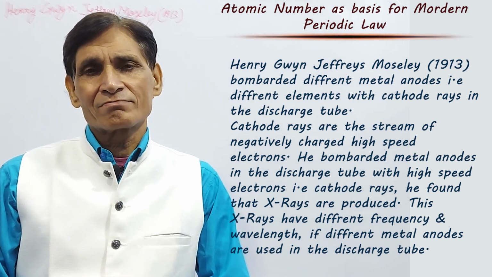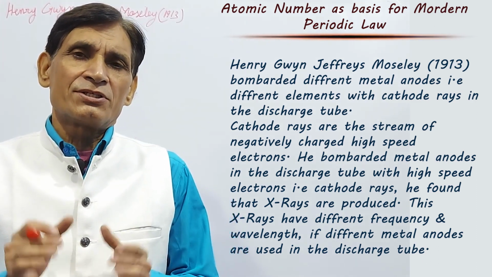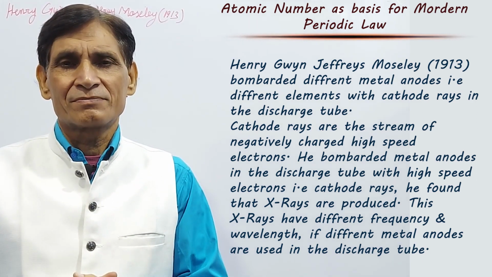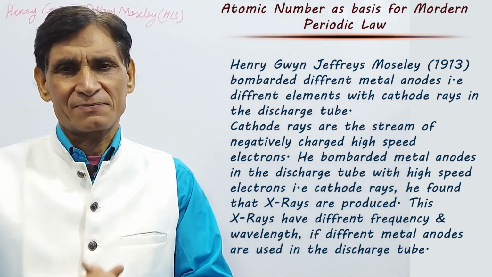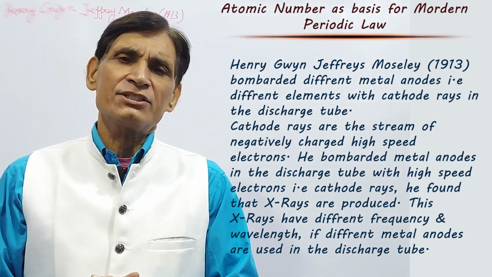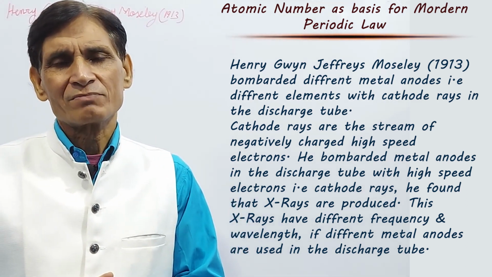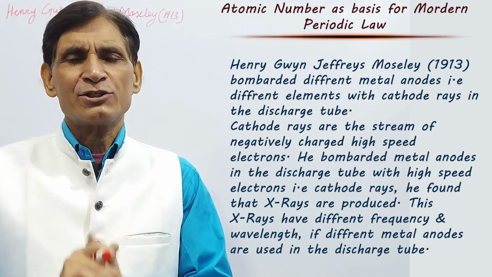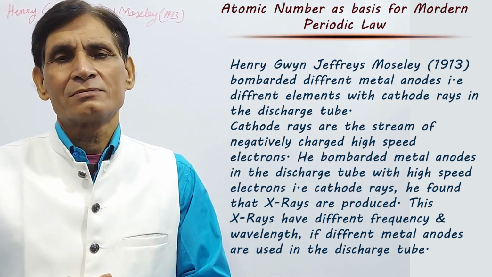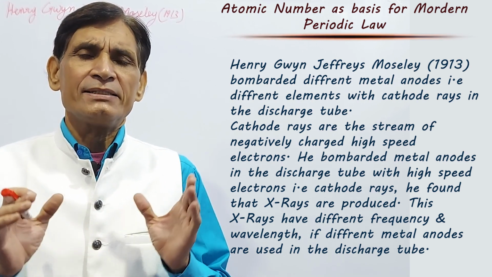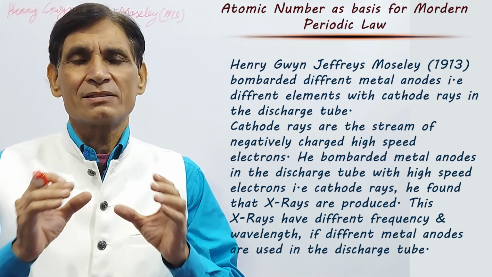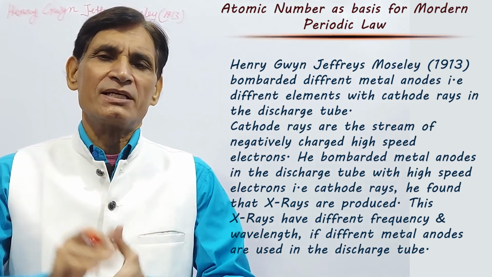Henry Gwynne Jeffrey Moseley in 1913 bombarded different metal anodes, that is different elements, with cathode rays in the discharge tube. Cathode rays are actually the stream of high speed electrons.